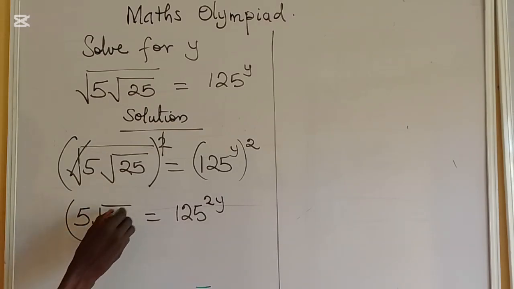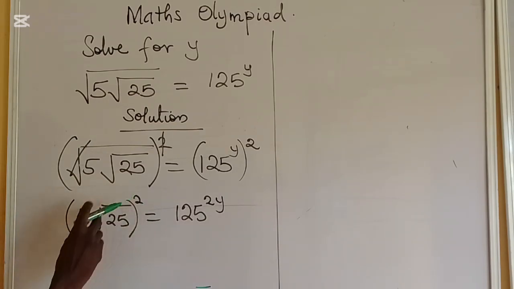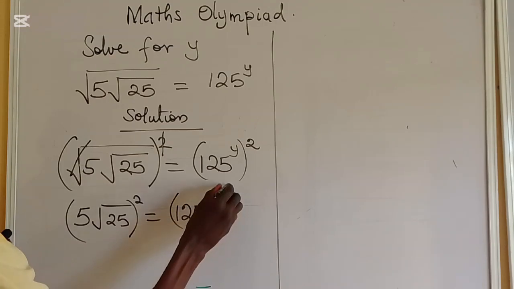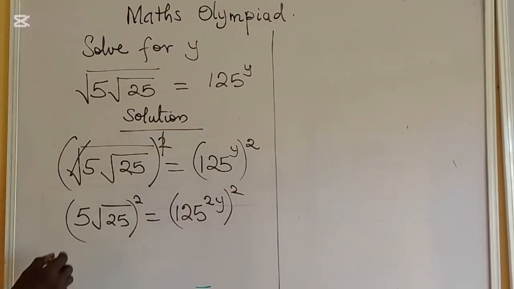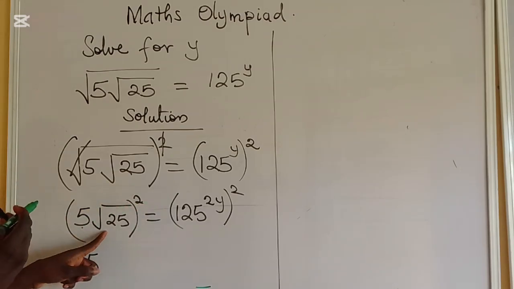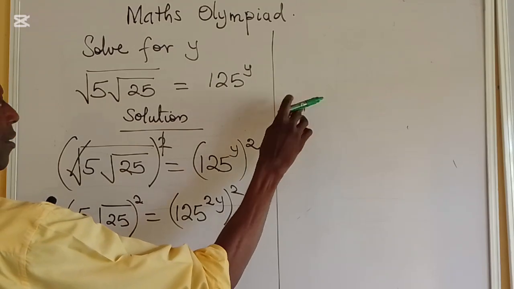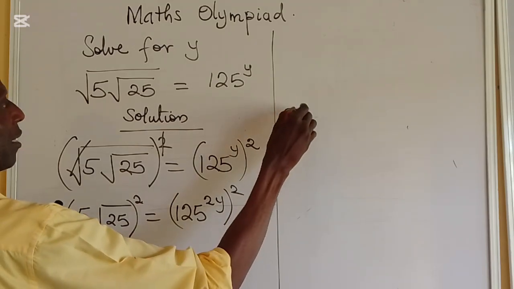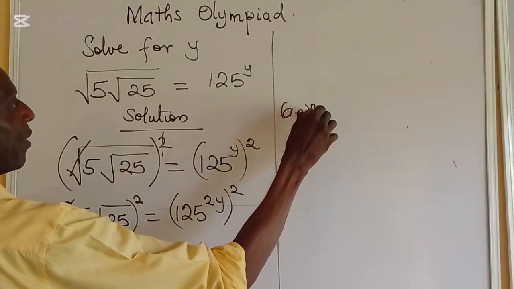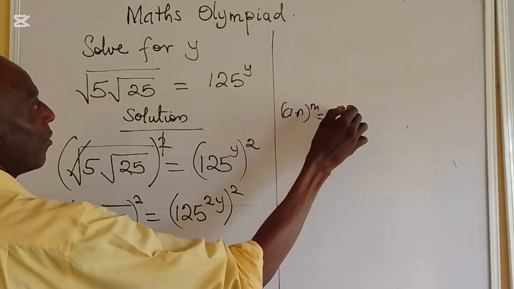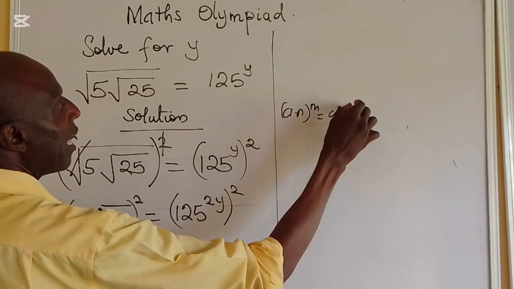I will also take the square again to remove this. When you take the square, this will be 5 squared. This belongs to this and belongs to this simultaneously, like a raised to power n, let me just say a times b raised to power n is equal to a to the n times b to the n.